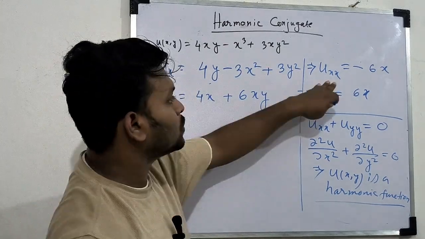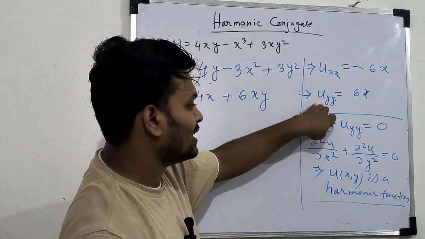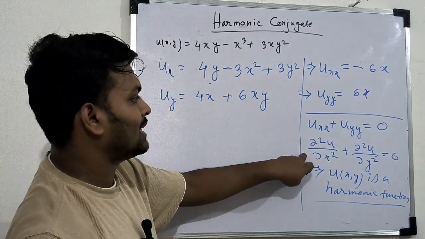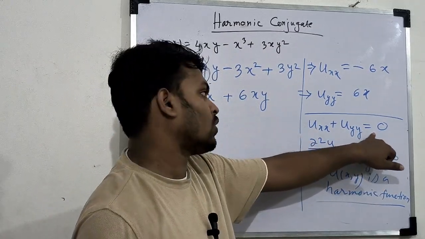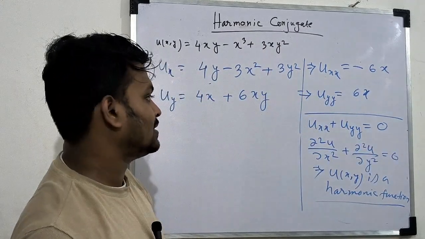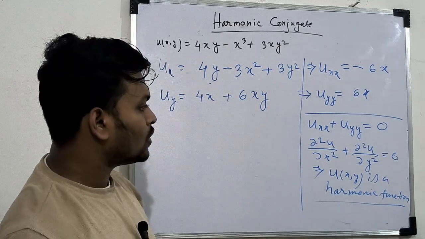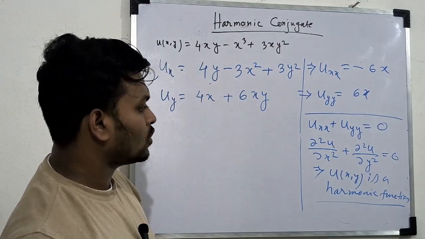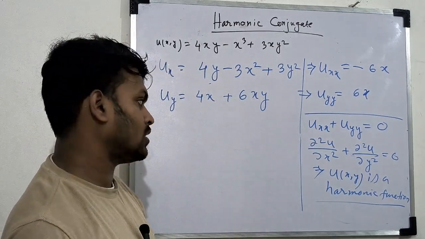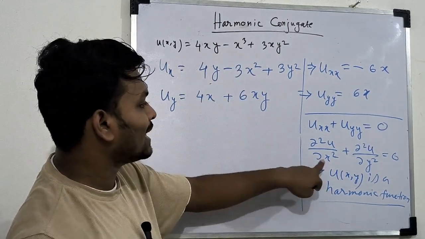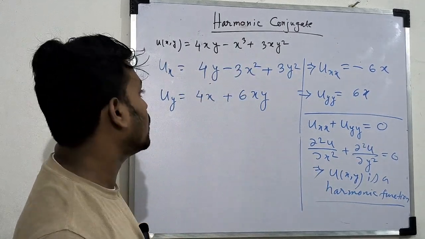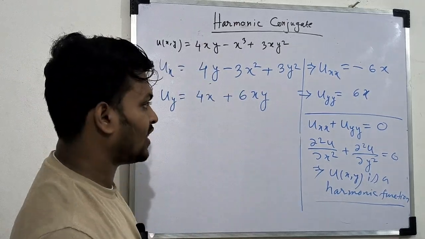First find ux, then uxx, uy, uyy, and check whether the Laplace equation is satisfied or not. If it is not equal to 0, then the Laplace equation is not satisfied by u, and we conclude that u is not a harmonic function. In this case the Laplace equation is satisfied, so u is a harmonic function. The first step is done.